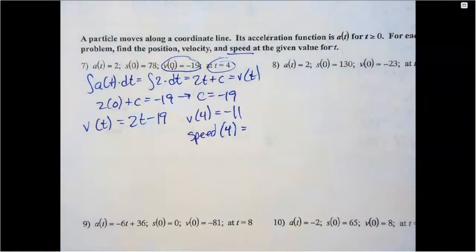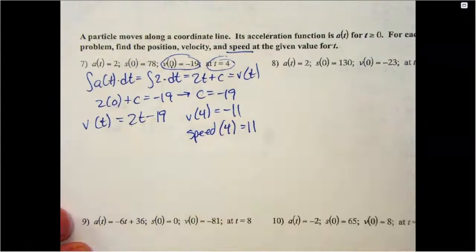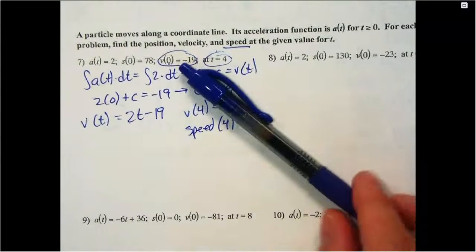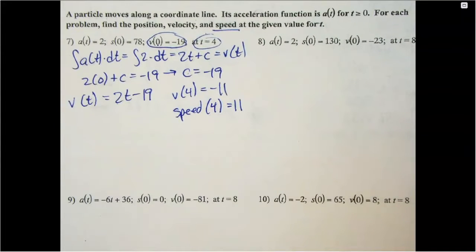You can't use s, because that's the position. But what's the speed of the velocity of negative 11? It's positive 11. How are you doing? You can process it. I'm not done. Calm down. I was just checking in with you.